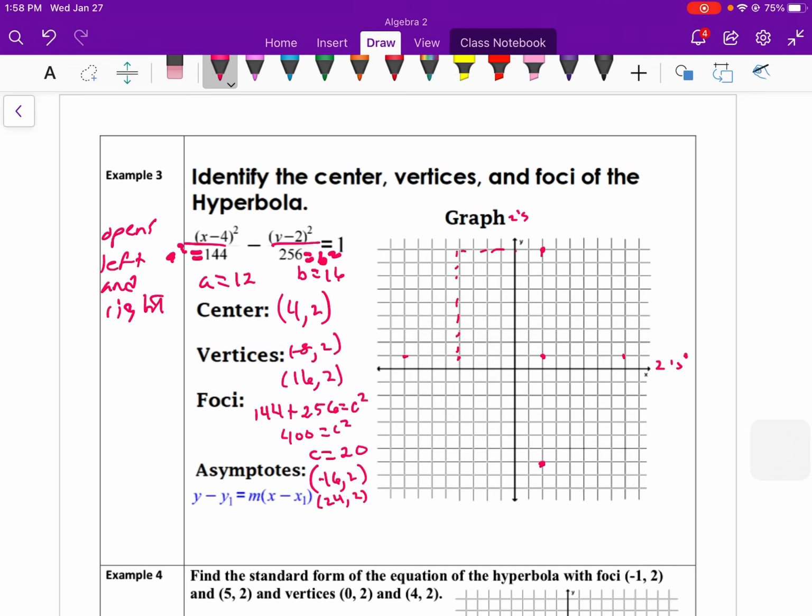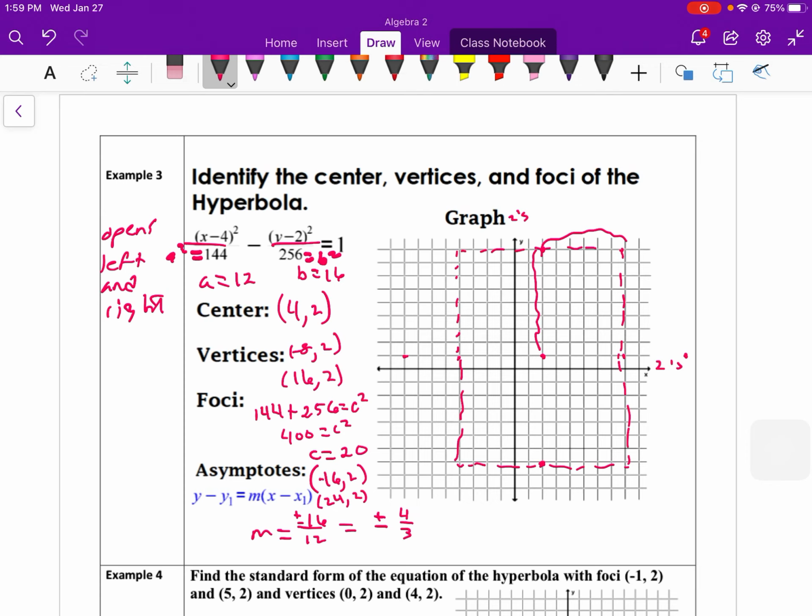We can draw our box all the way around. Our slope is rise over run. So from the center, it's going to be up 16 and over 12. And that's plus or minus. So we can reduce that down to plus or minus 4/3.